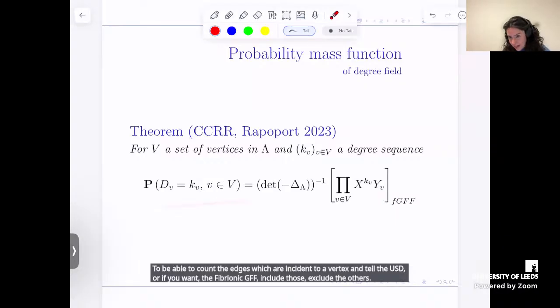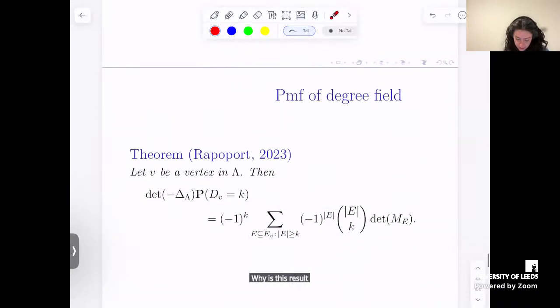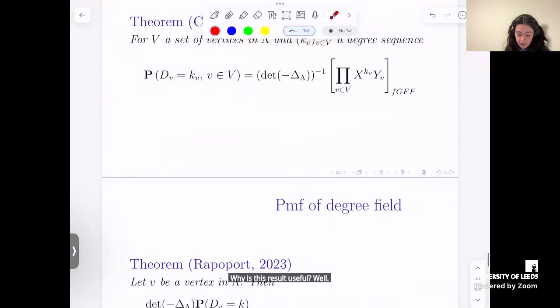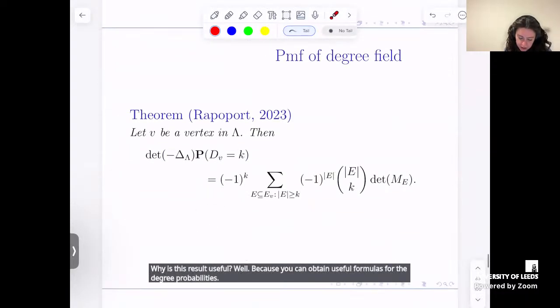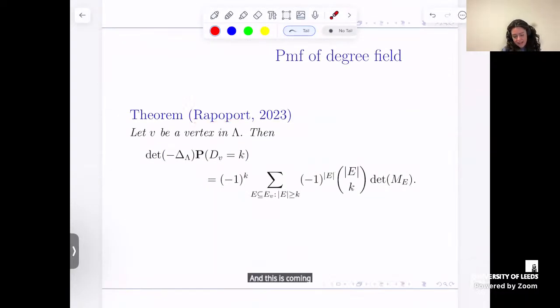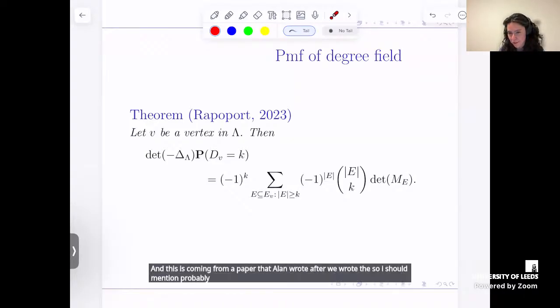Why is this result useful? Well, because you can obtain useful formulas for the degree probabilities. And this is coming from a paper that Alan wrote after we wrote, so I should mention probably that all this was part of Alan's doctoral thesis.